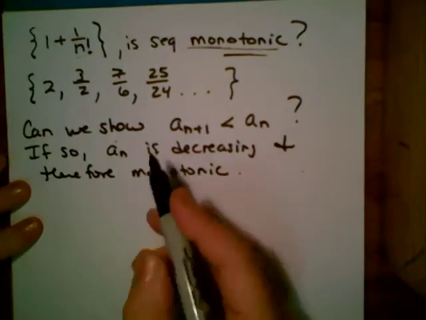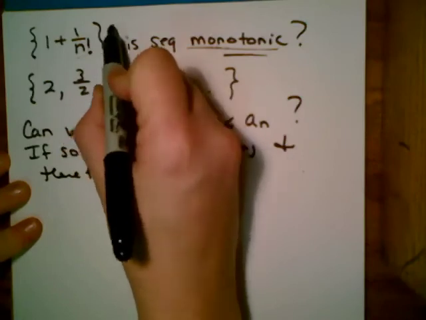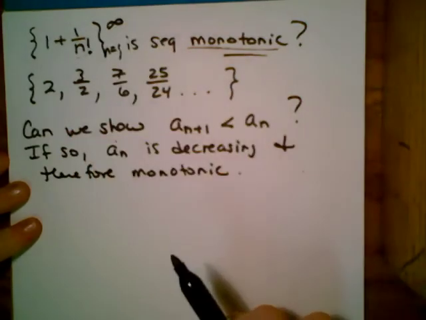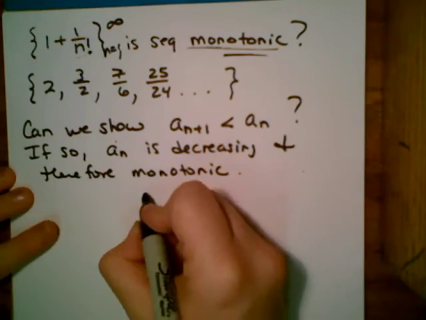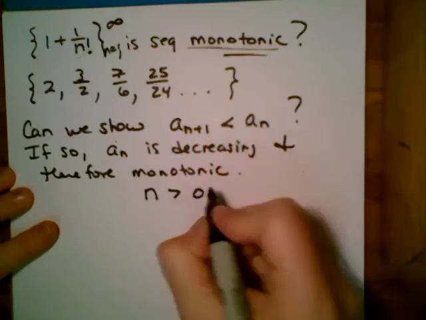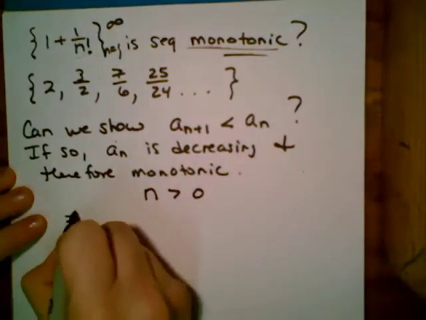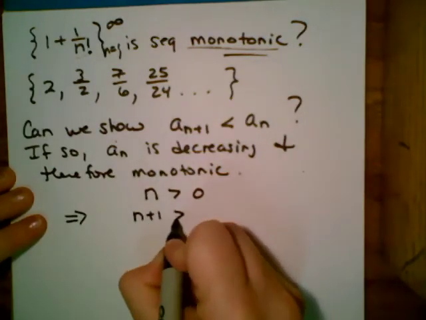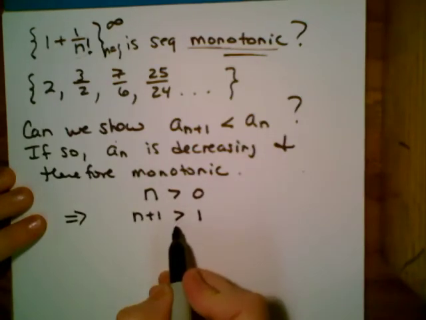Okay. Well, again, we're dealing with sequences, and let's assume n is greater than 1. Or at least we can suppose that n is positive, and that would imply that n plus 1 is greater than 1. Adding 1 to both sides, we keep this relation.